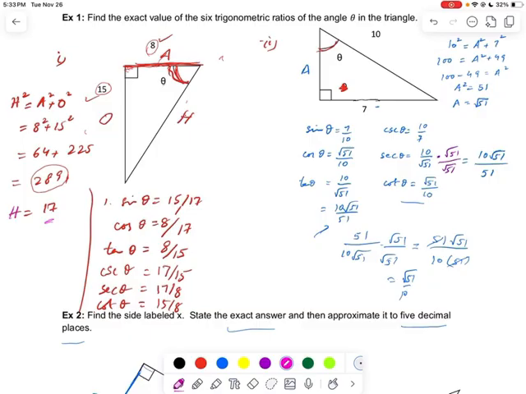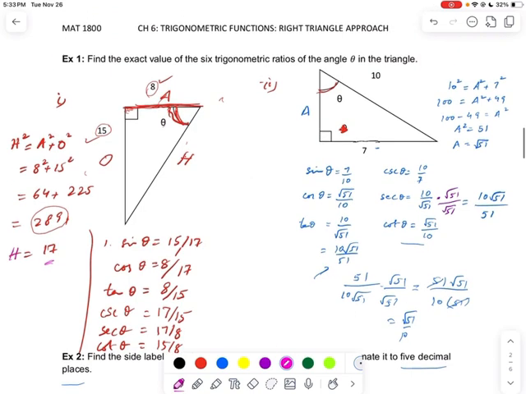One of the legs has length 8, and the other leg has length 15. According to theta, the opposite is 15 and the adjacent has length 8.